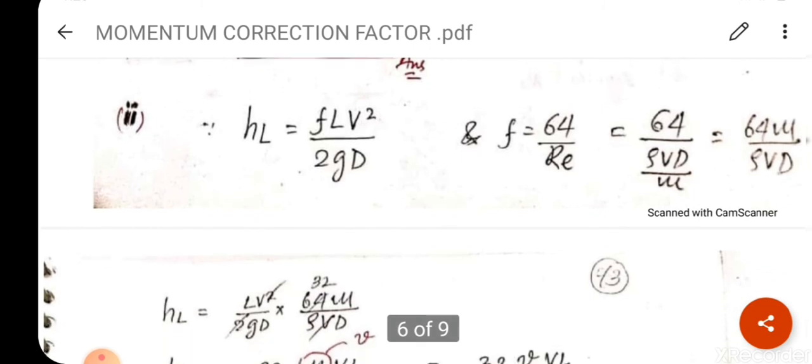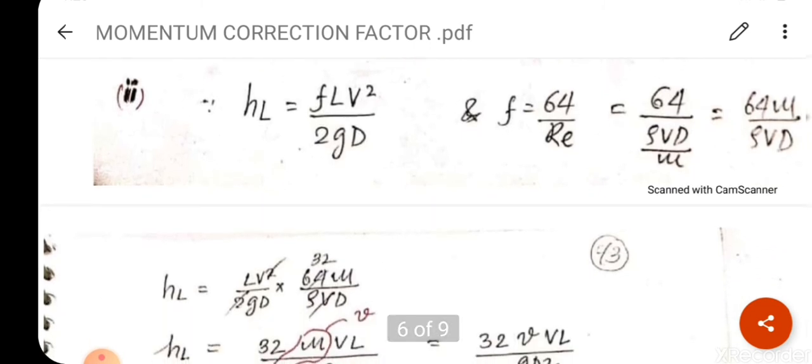Now we will solve another term, that is head loss is given by the formula f L V square upon 2 G D, where f is the friction factor. We all know that small f is given as 64 upon RE and RE is given as rho V d upon mu. So putting the value in this equation, that is 64 mu upon rho V d.